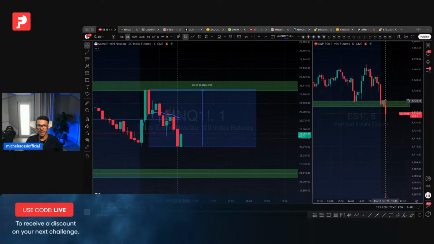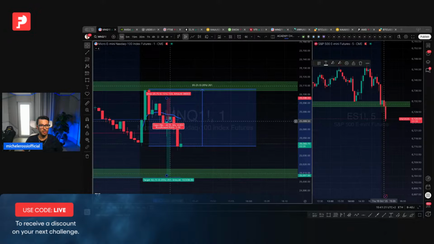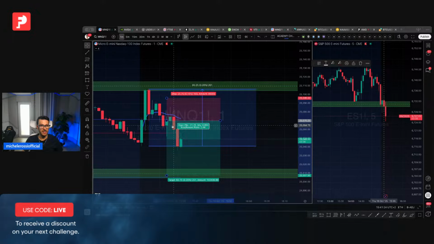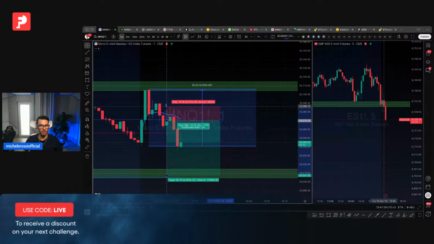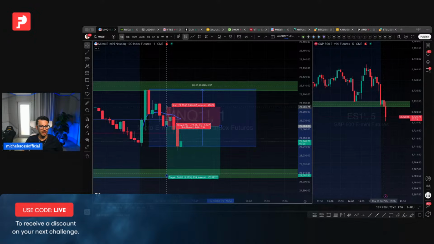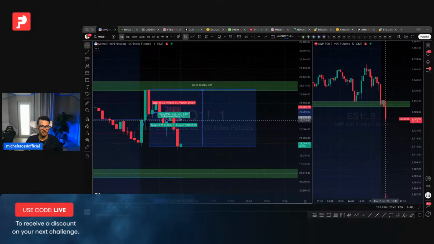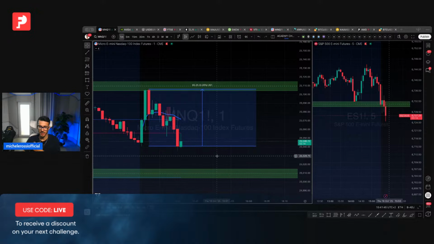The risk is super small, I just didn't like this double break and re-enter. That's why I went out. I put my stop loss right here. So basically, if you're still in the trade, that's still a good position. I just didn't like this price action, and decided to close it, half the risk. Sometimes it's a good choice, sometimes it's not. This time it was not. Someone still in the trade? Let me know in the chat.